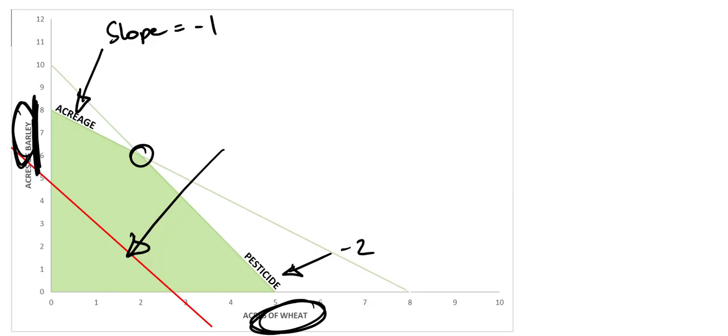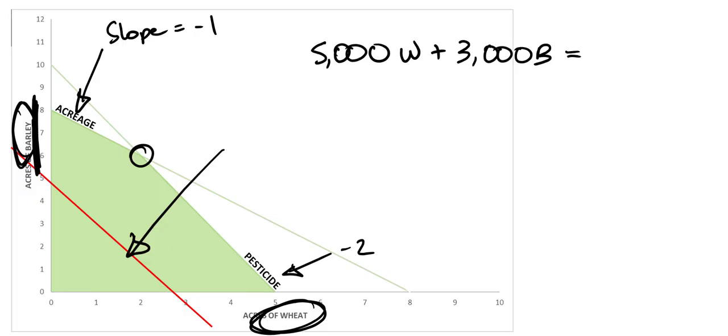Initially, our objective function was listed as 5,000 w plus 3,000 b, and that is it. Again, that is not the equation of a line. To get the equation of a line, I need to have that set to something. It really doesn't matter what you make that equal to. Anything is fine.